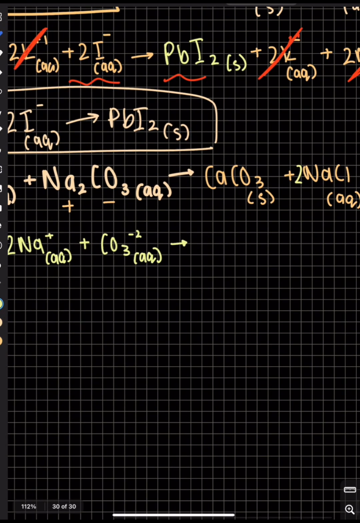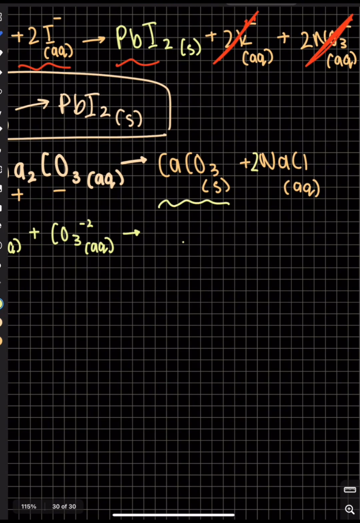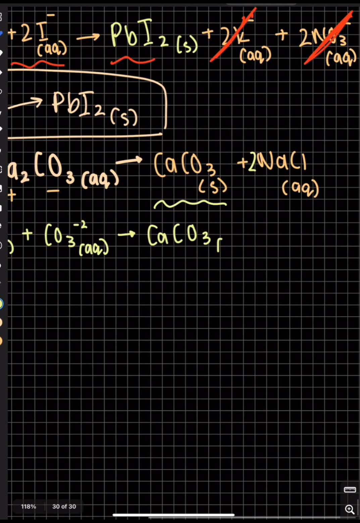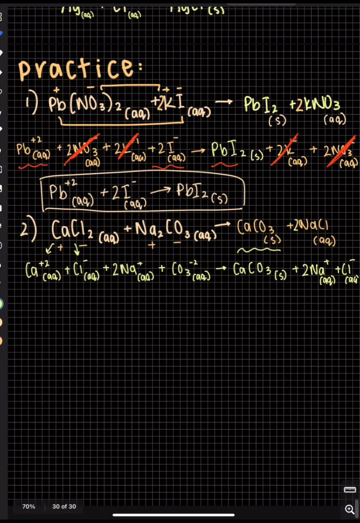And then this all creates, and if I have anything that's a solid, I always leave it. So I'm not going to split up my calcium carbonate solid, plus 2 Na+ aqueous plus Cl negative aqueous. Okay, now that I've written my ionic equation, what do I do now?